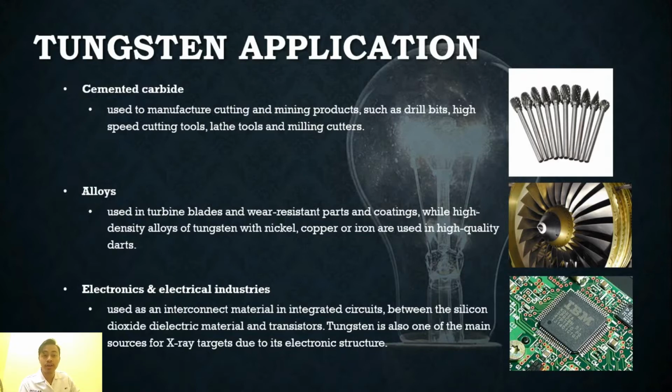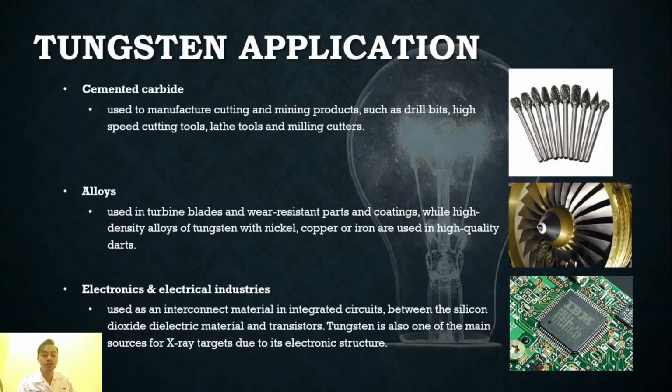For alloys, it is used in turbine blades, wear resistant parts and coatings, while high density alloys of tungsten with nickel, copper or iron are used in high quality darts.